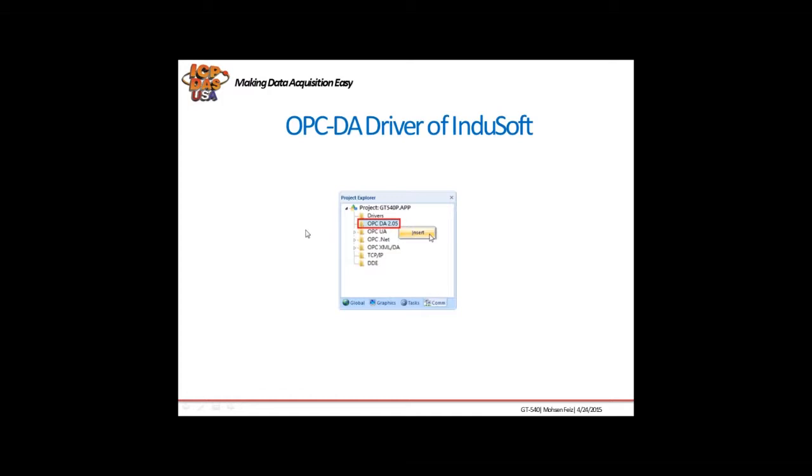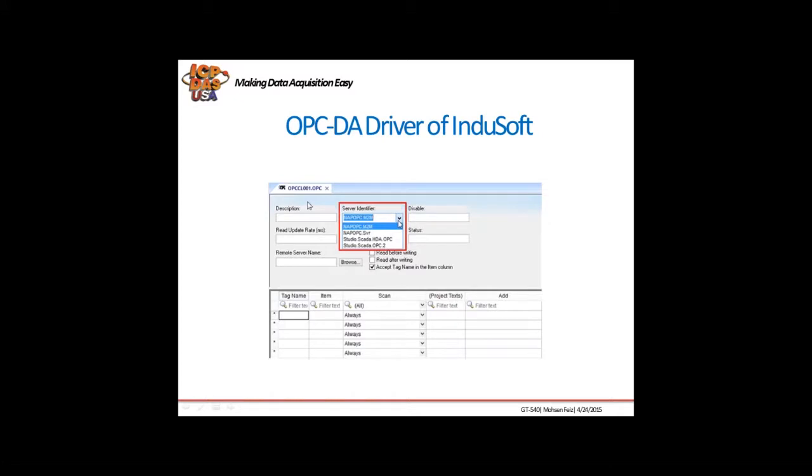But it is only few easy steps to configure this. Just insert the OPC DA 2.05, and in the OPC datasheet here you have a possibility to select the server, OPC server, and as you have already installed NAP OPC.m2m OPC server, you can find it here, and you just select it.